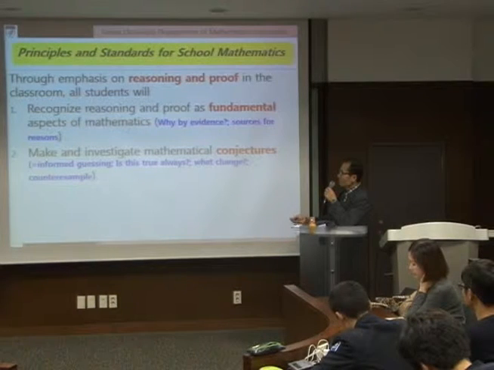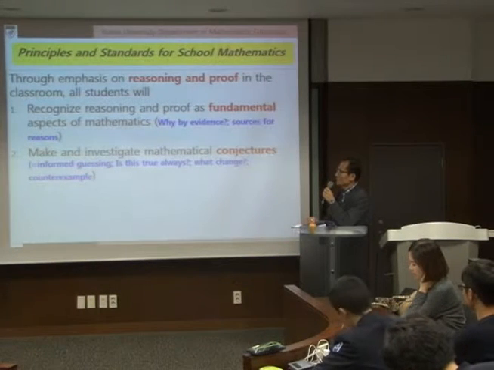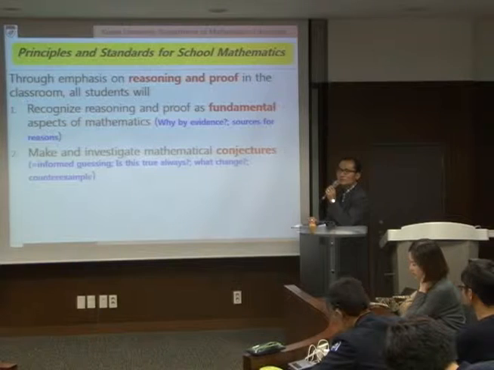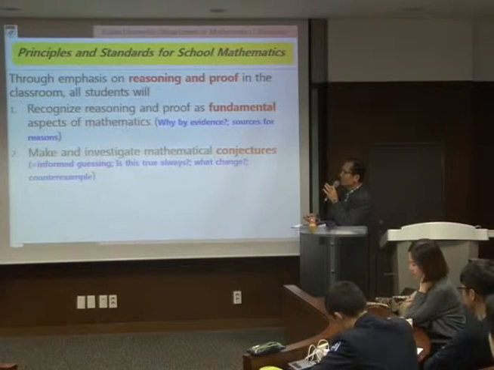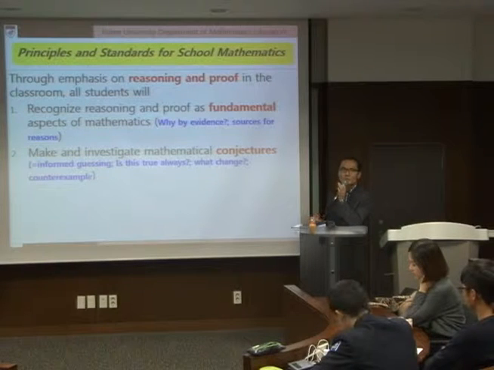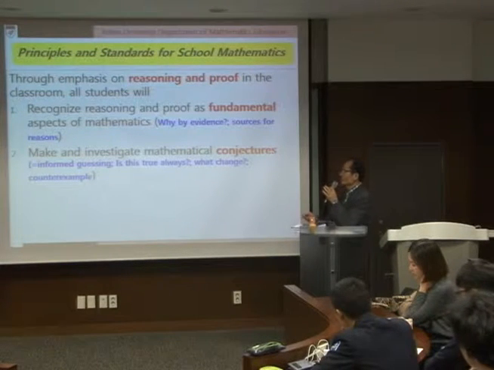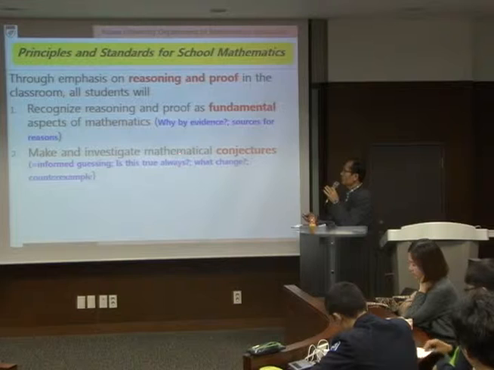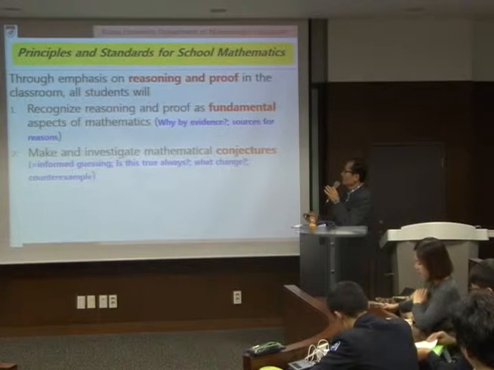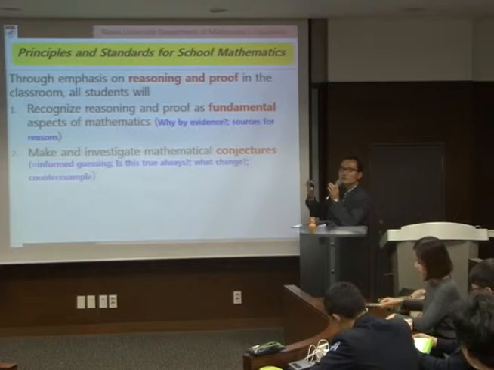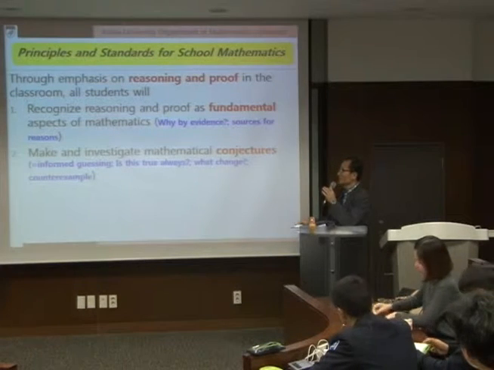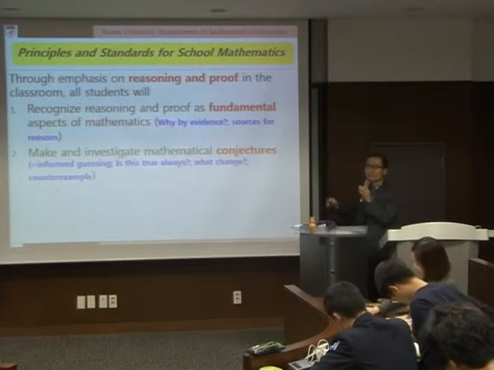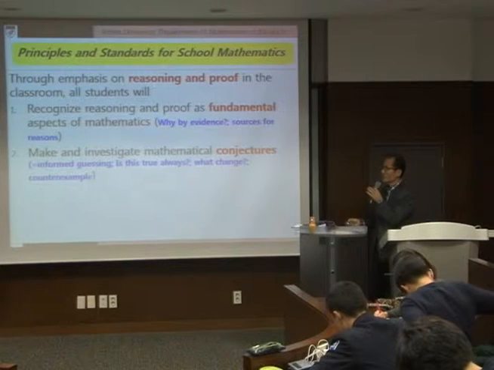As I said last time, this one is informed guessing, right? Compared to the other category, informed information should be provided to students. Is this true always, or what kind of change happens if you change the sequence or any other patterns? And counterexample is a good representative of this category.